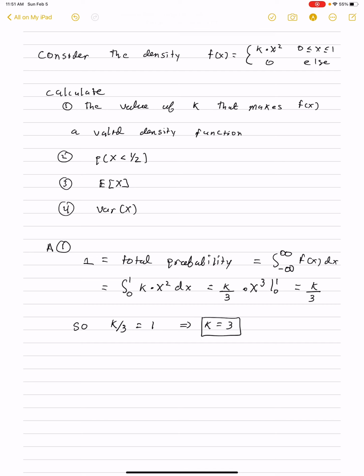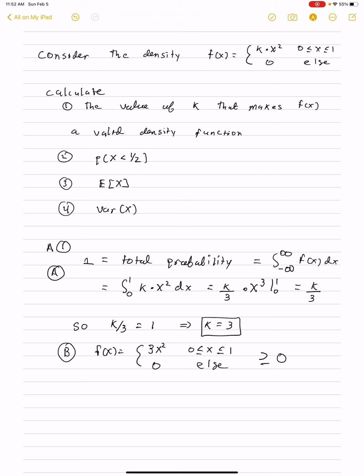And that is one part to ensuring we have a valid density function. So that was part A, not to be confused with A1. Part B, the second requirement, is that f of x is equal to 3x squared for 0 less than x less than 1, and it's 0 for all other values.